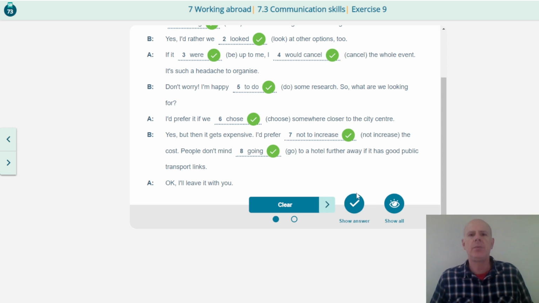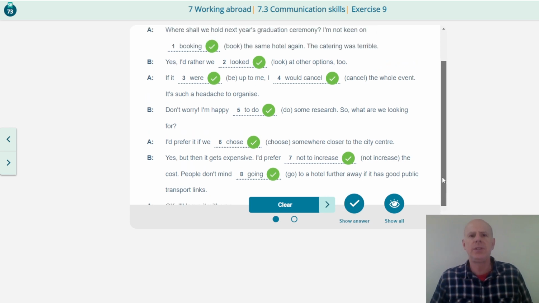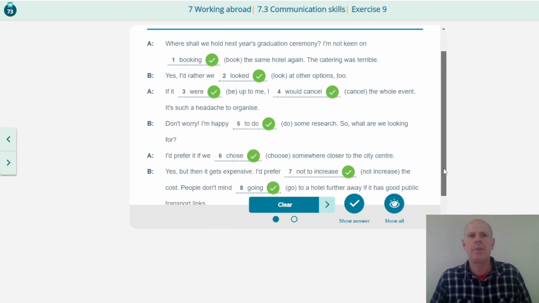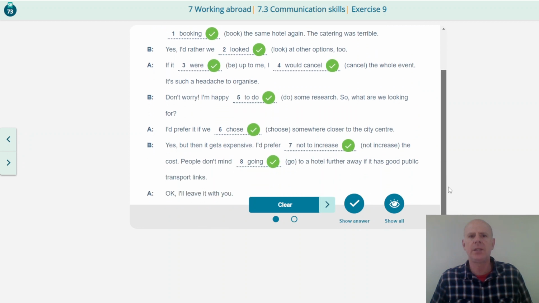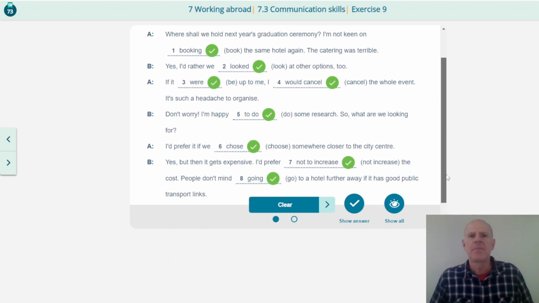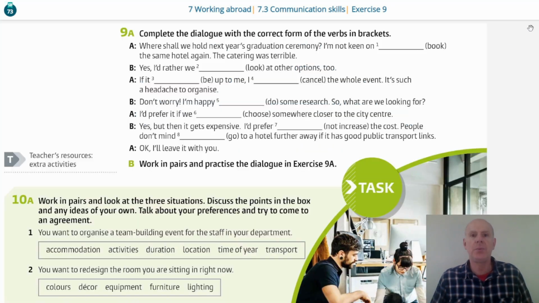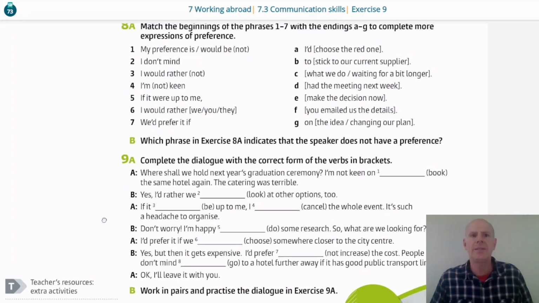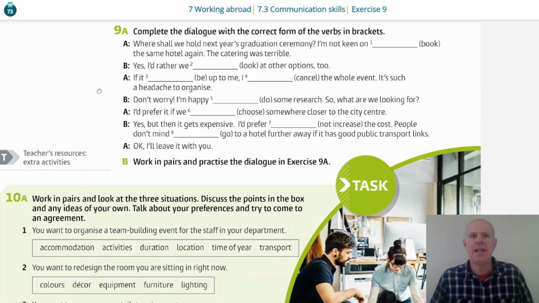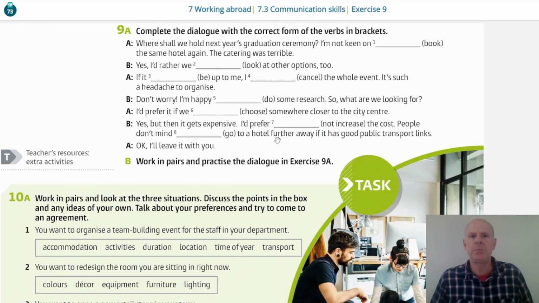So if you want, you can print the dialogue and study it in more detail, because we are using these structures in a dialogue. You could practice this dialogue with a partner or a friend. Very good practice, by the way.